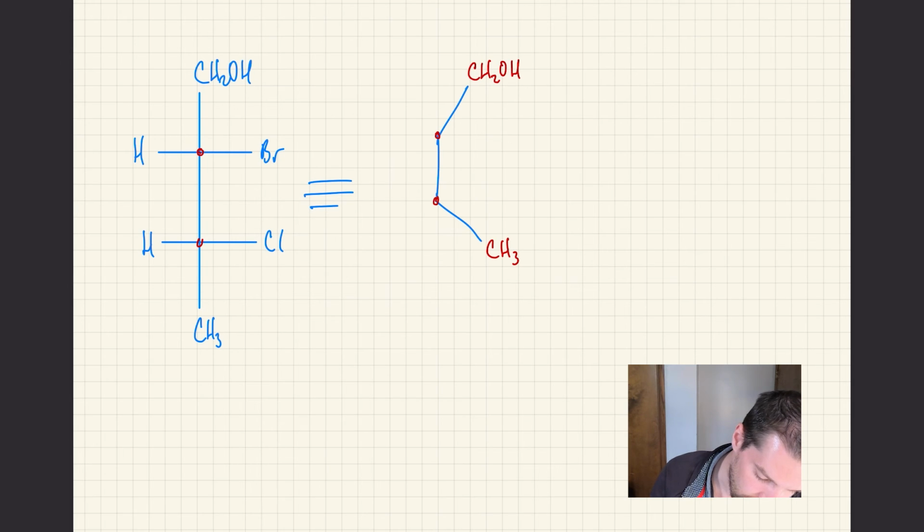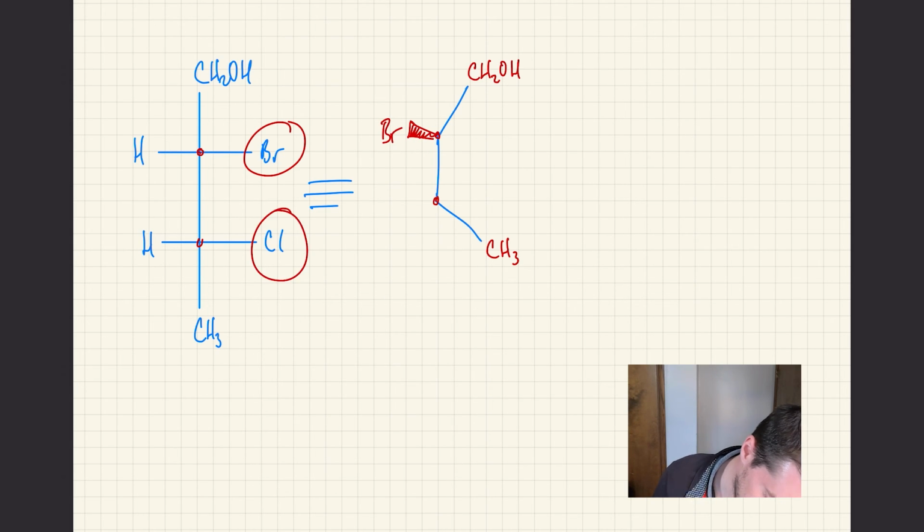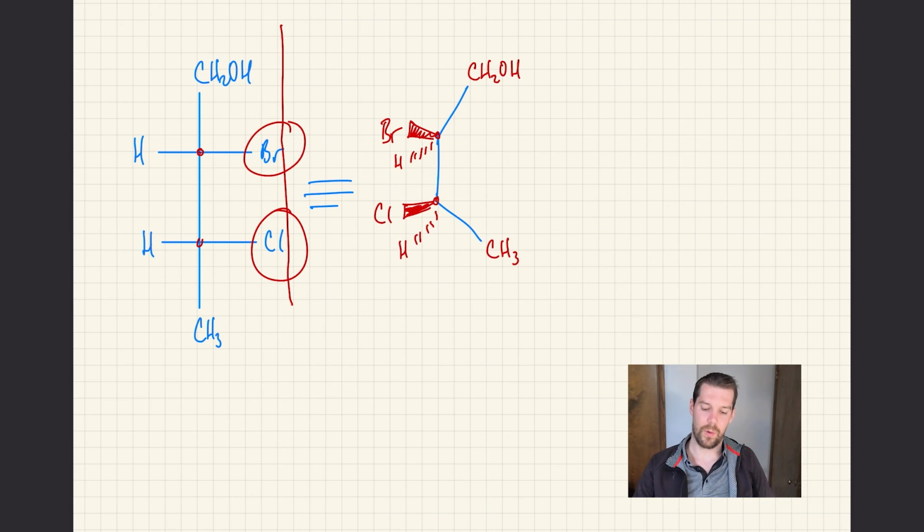So I know that this is going to end up being in the front. So there's my bromine. And anything else that's on the same side, all of this is going to be in the front. So my chlorine will be in the front as well. And then, of course, my hydrogens are going to the back. There we go. And then if you want to rotate it or whatever, you can rotate it. Doesn't matter. That's a perspective drawing, and that's as complicated as it needs to be.